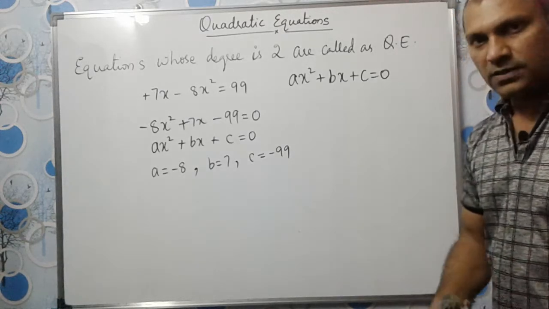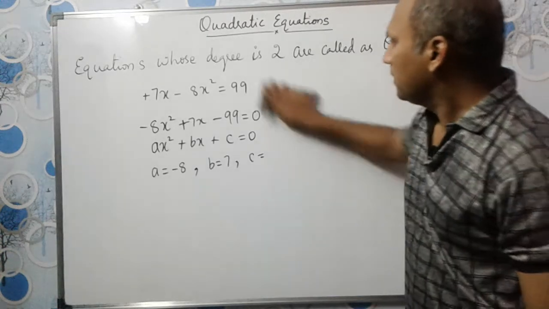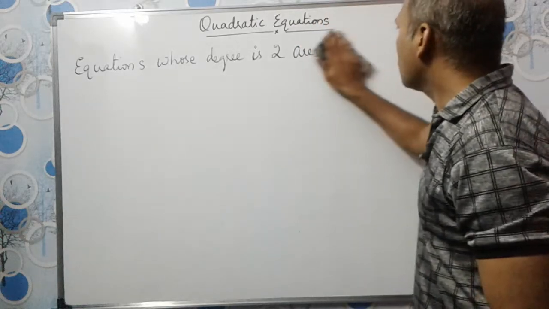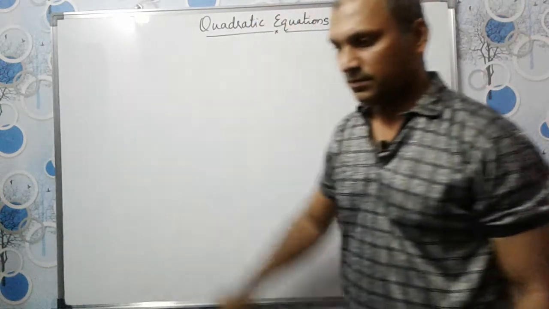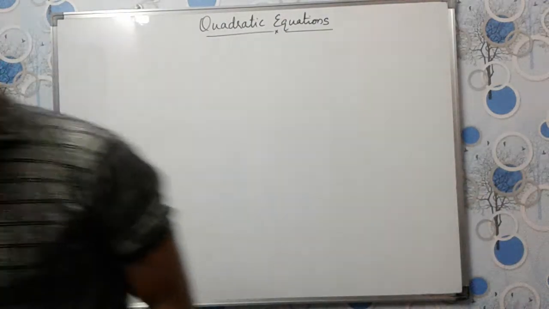Now the next concept which we are going to learn is checking whether the given equations are quadratic equations or not. Okay, I have a paper here. I wrote few questions.